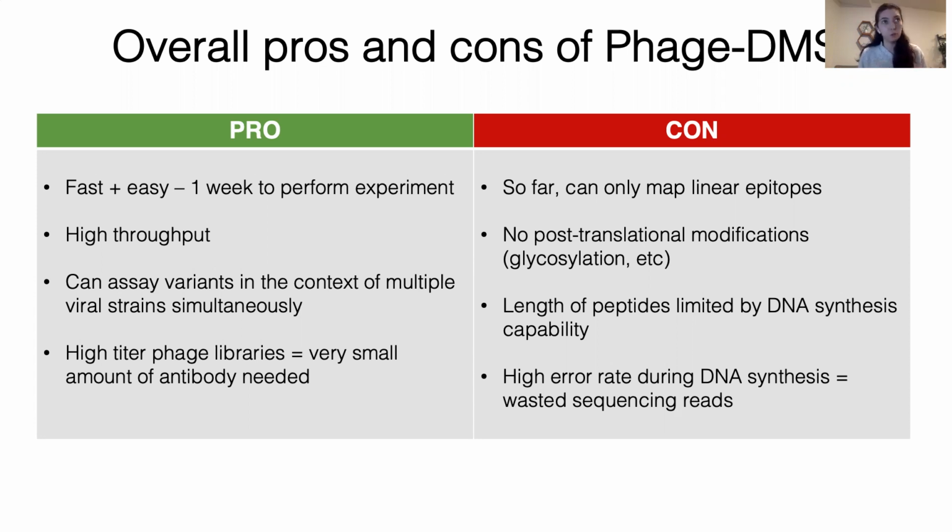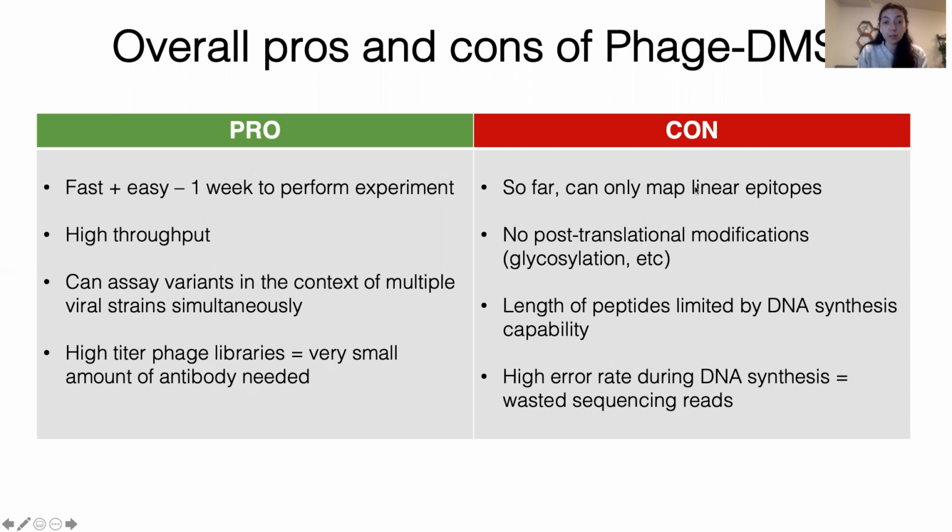And so how do you choose which strain to do your deep mutational scan against? Well, you don't really have to. You can choose many strains. And so we actually had 3 different strains in our HIV envelope libraries. And additionally, I mentioned this before, but we only need a tiny amount of antibody sample in order to run these experiments, which is great when you're working with really limited sample.